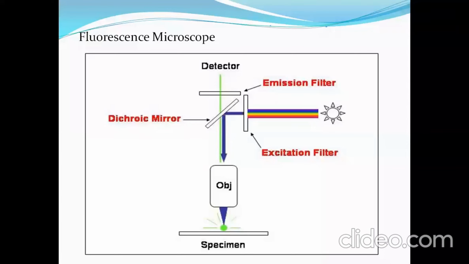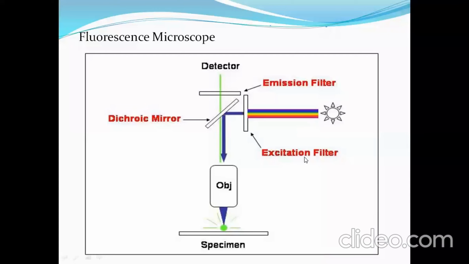First of all, suppose this is a light source. It produces a whole spectrum of light, right? I have already mentioned the fluorescent dyes. The specimen is first stained with the fluorescent dye, and this dye has affinity with some particular wavelength of light, the excitation wavelength.